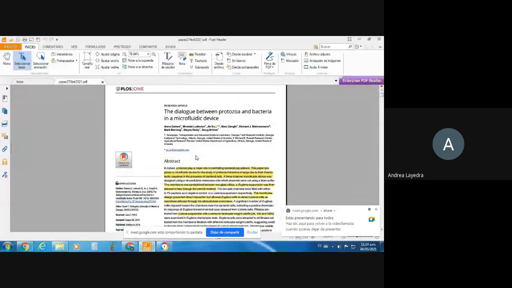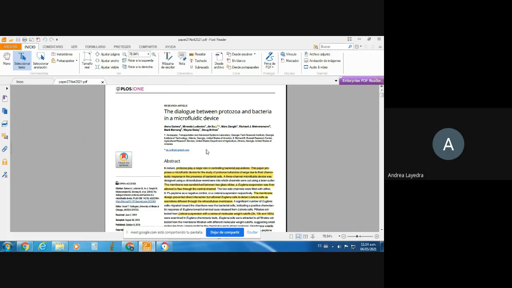Now I will be talking about this paper called the dialogue between protozoa and bacteria in a microfluidic device. In nature, protozoa play an important role in controlling bacterial populations.